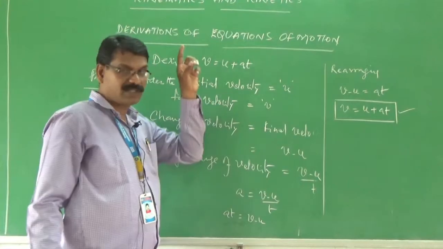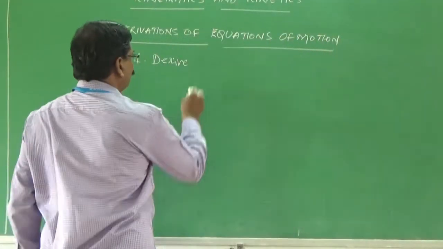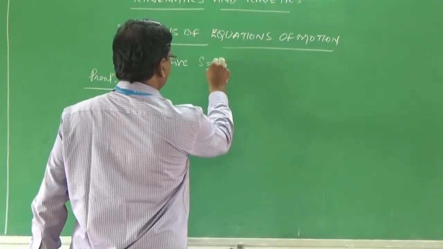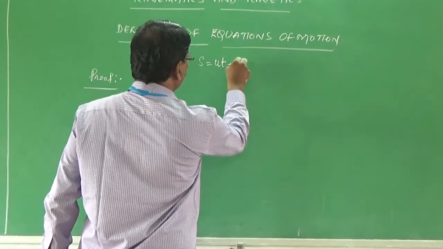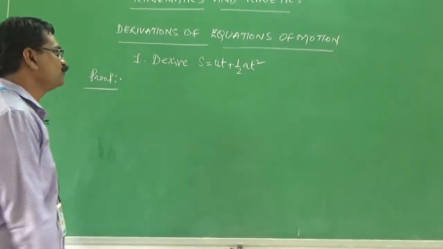Similarly, we will go for the second derivation. Derive S is equal to ut plus 1 by 2 at square. Proof.